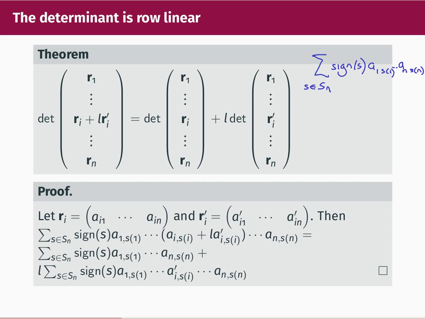Well, the first thing you get, the term which arises from the first term in brackets when you multiply out, is exactly the determinant of the matrix whose rows are the Ri's. So the first term obtained by multiplying out the brackets is precisely the first term on the right-hand side of our claimed equality.